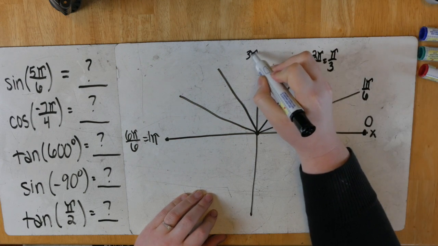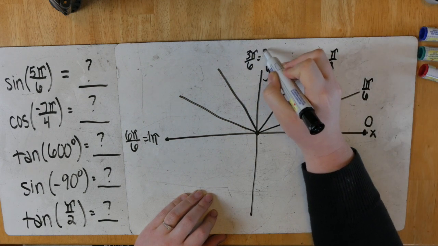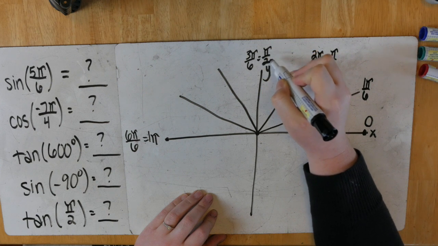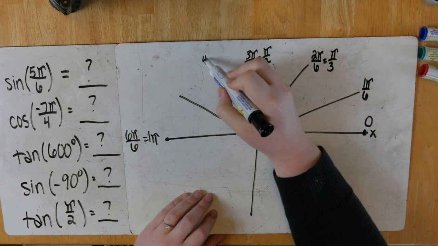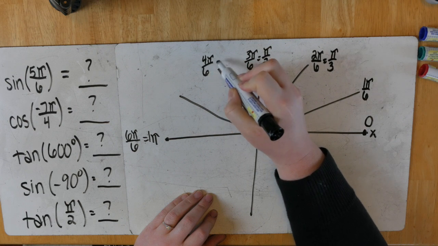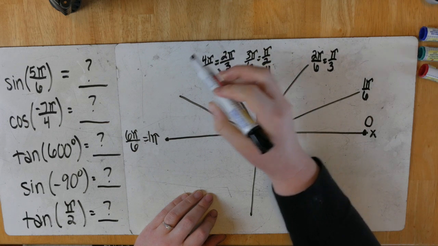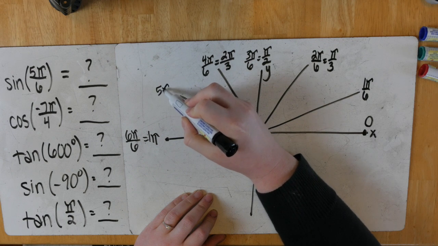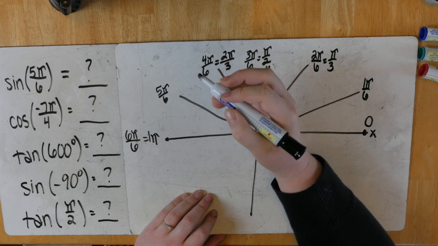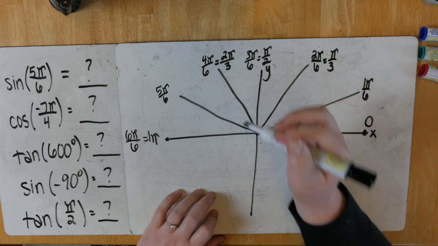Then we'll have 3 pi over 6, which reduces down to pi over 2. Then we'll have 4 pi over 6, which reduces down to 2 pi over 3. And then we will have 5 pi over 6, which does not reduce.